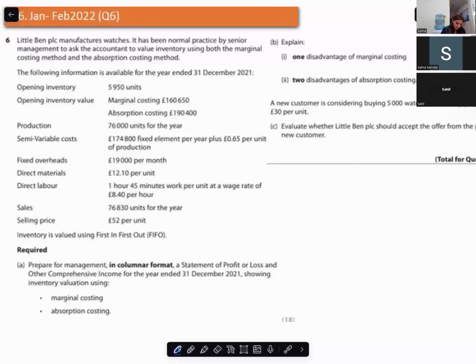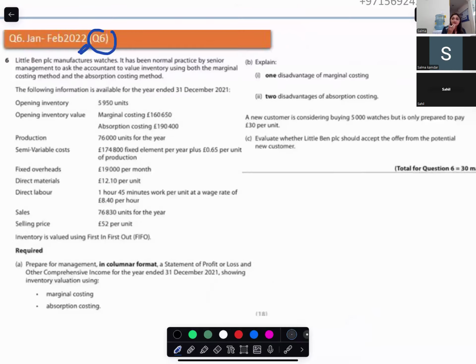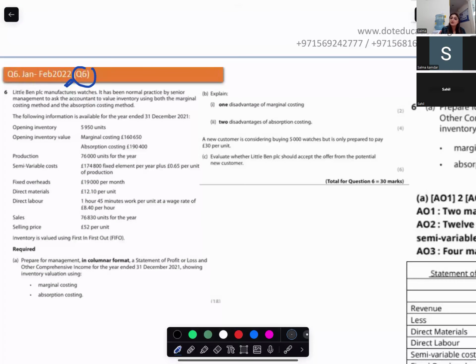So this is a sum of Jan-Feb 2022, question number 6, that is related to marginal costing, and it is related to inventory valuation as per marginal costing and inventory valuation as per absorption costing. In marginal costing and absorption costing, the only difference is that marginal costing takes only variable cost into consideration.